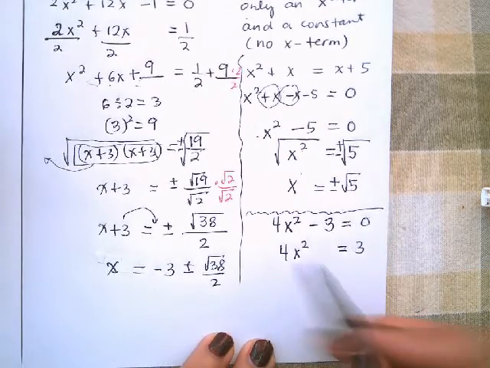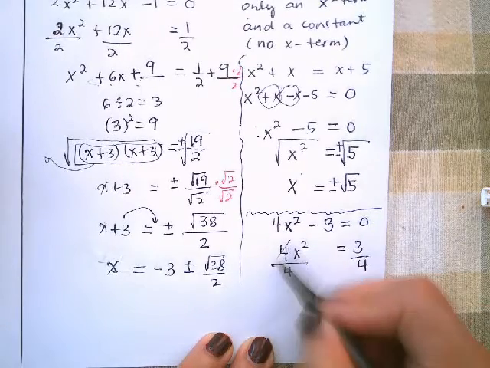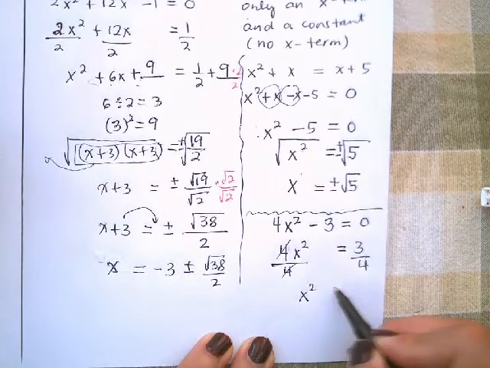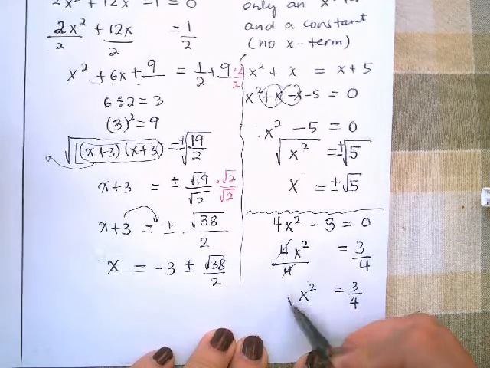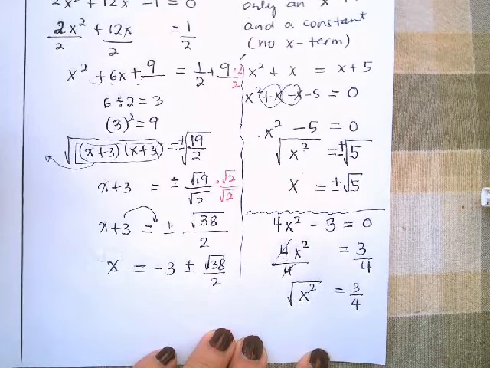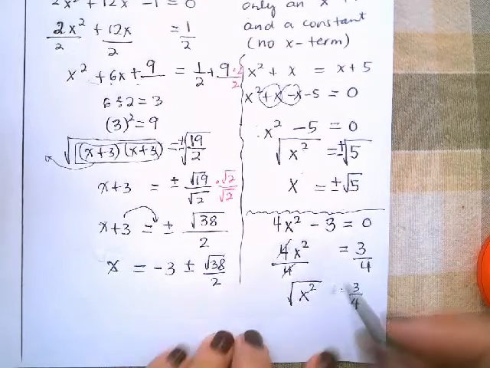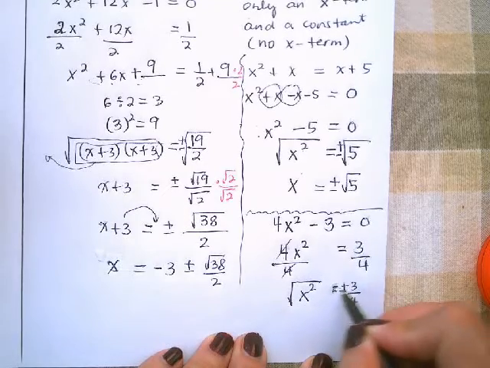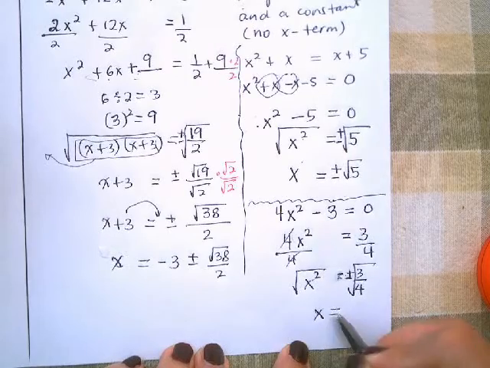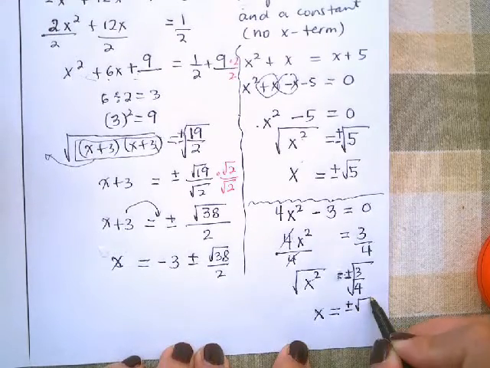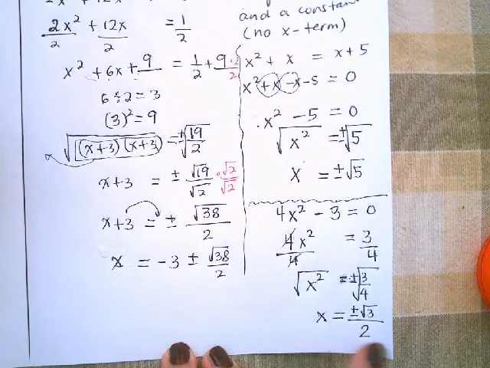We have to get rid of this 4, so we can divide both sides by 4. That cancels. Now we're back to x squared equals 3/4. Then we get the square root. To remove that square here, plus and minus square root, don't forget it's always plus and minus. So then you're going to have x is equal to plus and minus square root of 3 over square root of 4, which is just 2. So you get your answer right away.